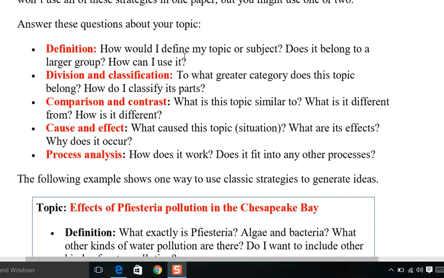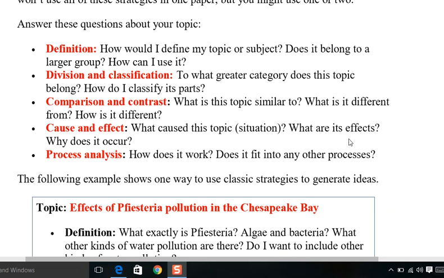Definition: How would I define my topic or subject? Does it belong to a larger group? How can I use it? To what greater degree does this topic belong? How do I classify its parts? Comparison and contrast: What is the topic similar to? What is it different from? How is it different? Cause and effect: What caused this topic situation?